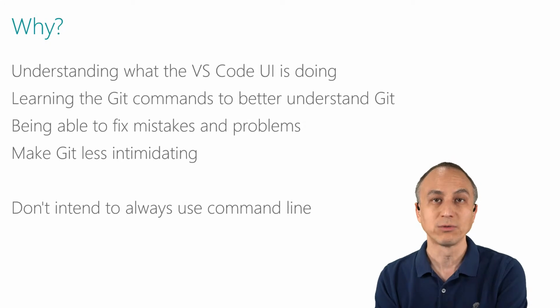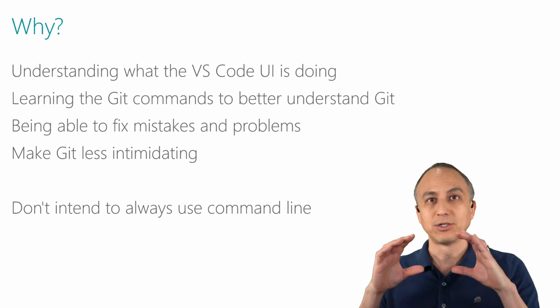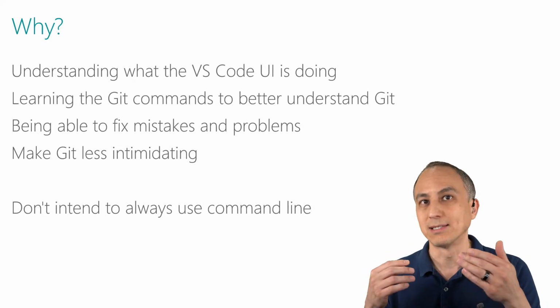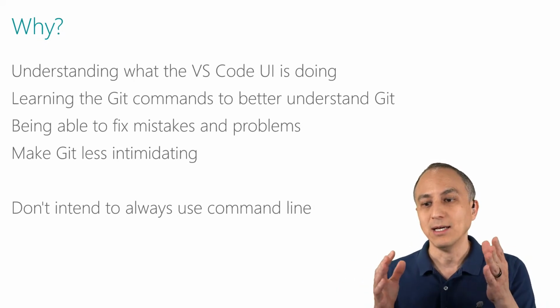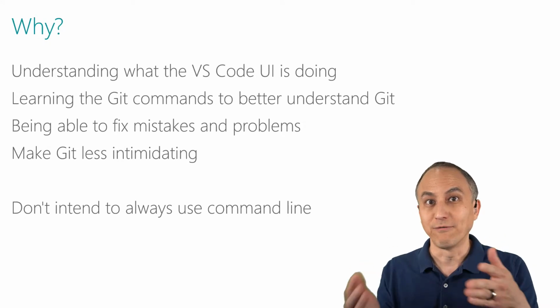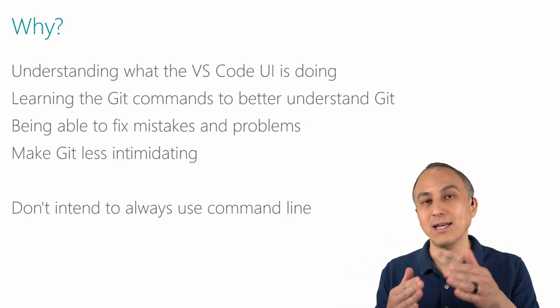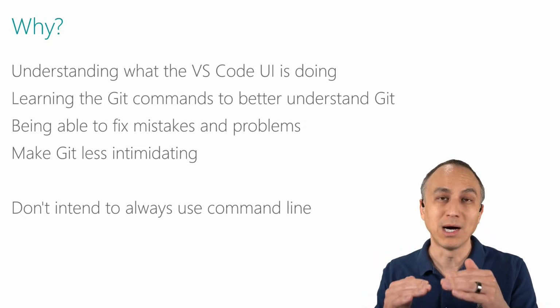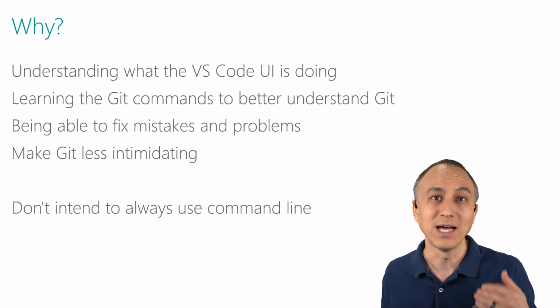I've used the Visual Studio interface to manage files, check-ins, commits, branching, everything. I just relied on a few buttons and features there and had never really looked at what Git or Visual Studio was doing behind the scenes to trigger those Git events.